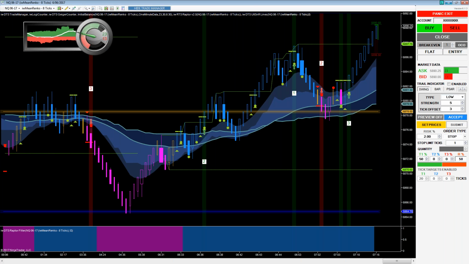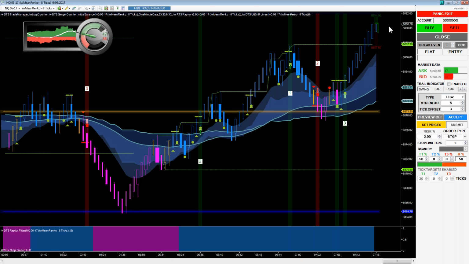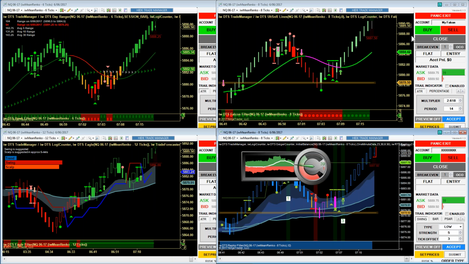We're pressing now that 58.91 area, which is Monday's high. And we should see the primary resistance hit, which is going to be around 58.92.